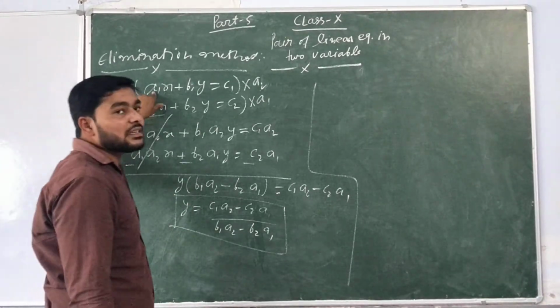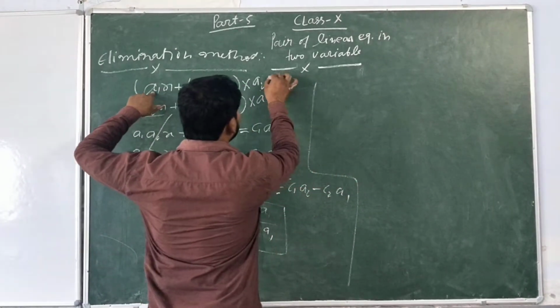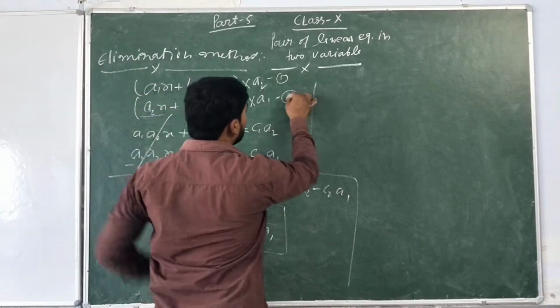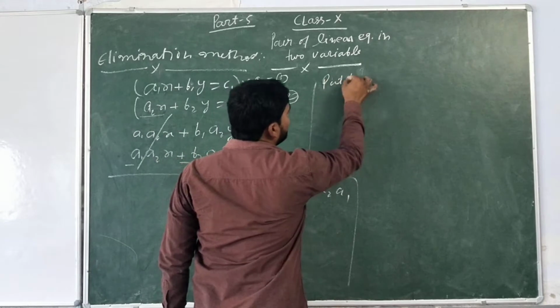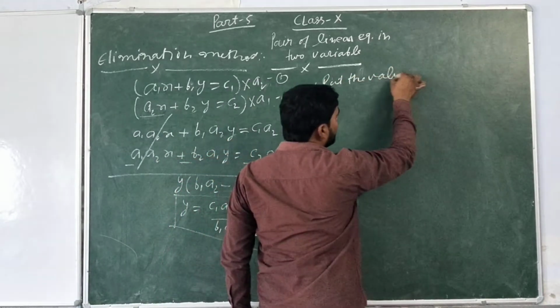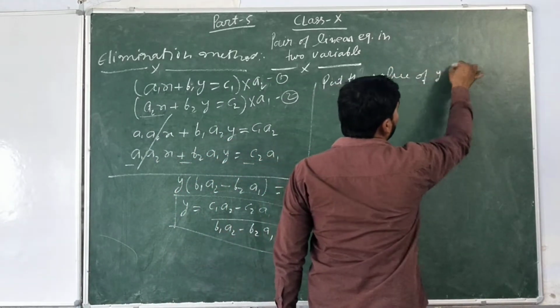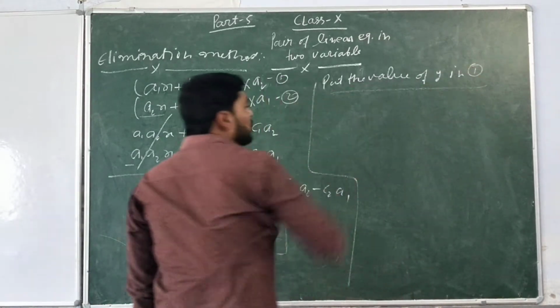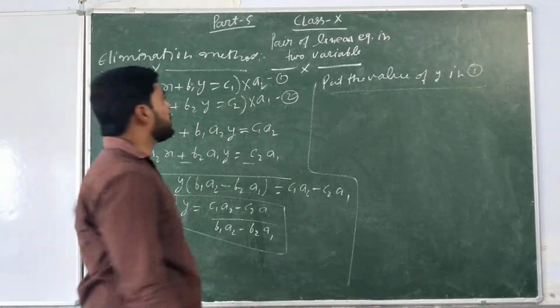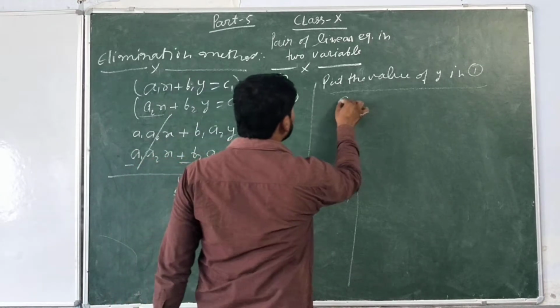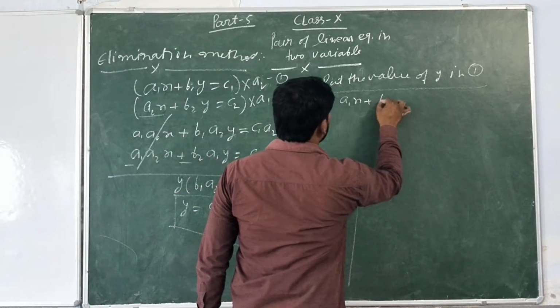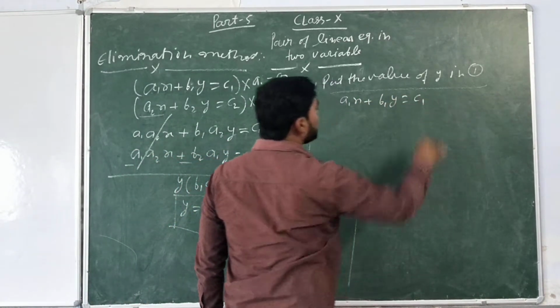Put it in the first equation. You can put this value in any of the equations. Now the first equation is a1x plus b1y equal to c1.